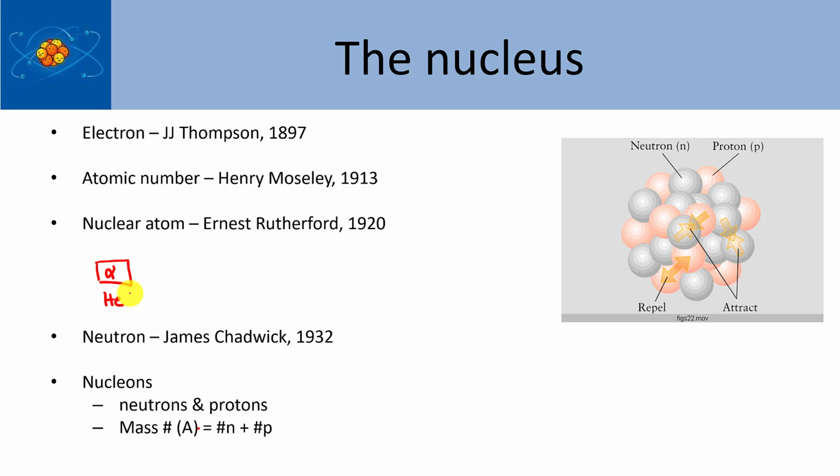So alpha particles are emitted, and they're allowed to pass through a gold foil. And when these particles hit the gold foil, what Rutherford, who was working under Thomson at the time, expected to see was the particles going straight through with minor deflections.